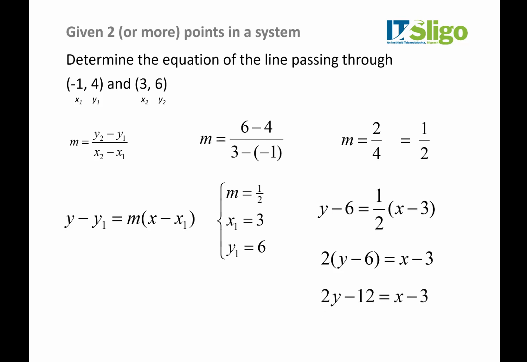Multiply out our brackets. And finally then bring the 12 over to the right hand side, add 12 to both sides. And now we have the equation of the line between those 2 points.